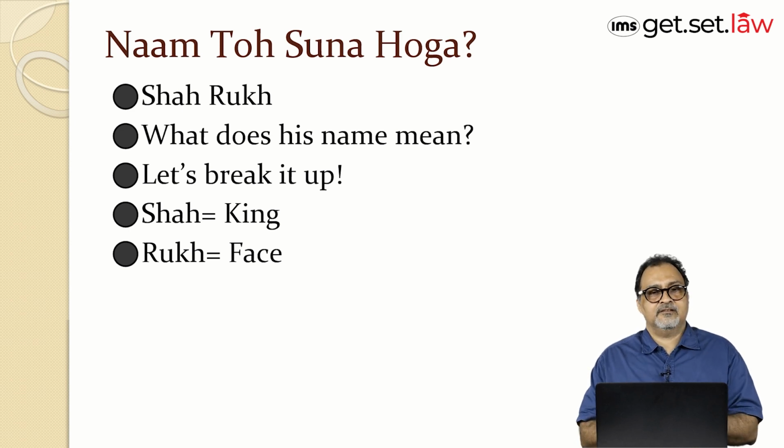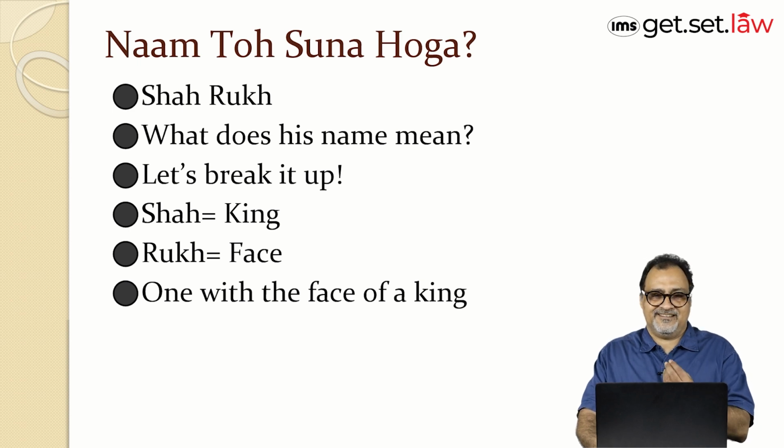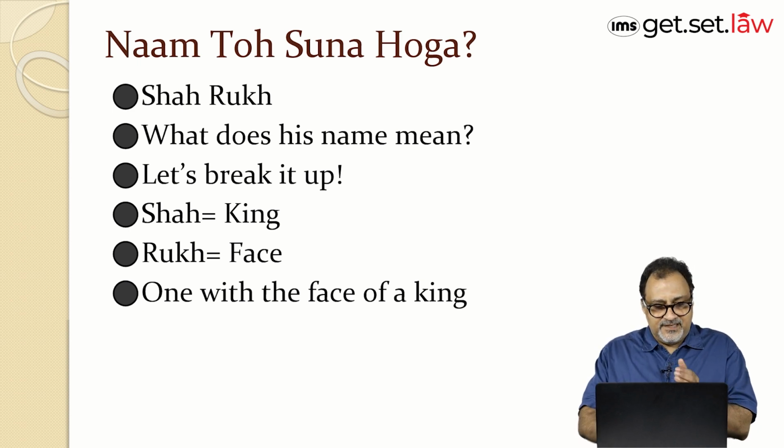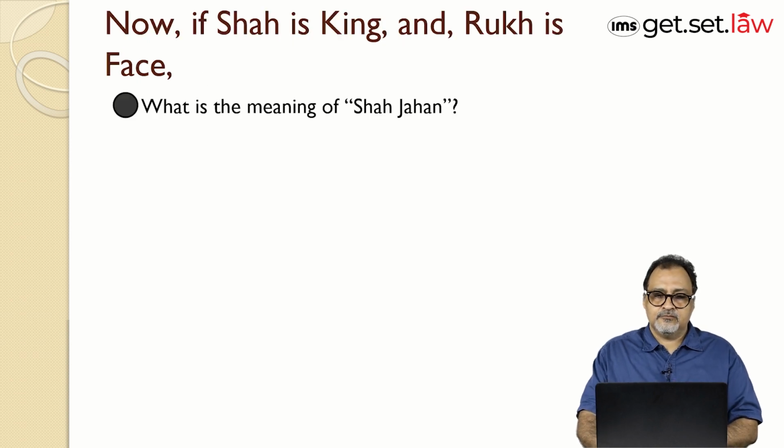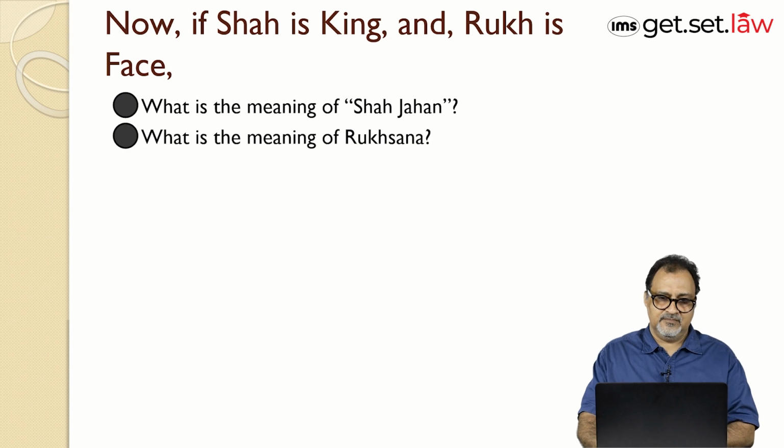So, Shah Rukh means one with the face of a king. So, if you know that the meaning of Shah is king and the meaning of Rukh is face, so what is the meaning of Shah Jahan? You can easily guess, right? Shah, king, Jahan, world. So, king of the world.